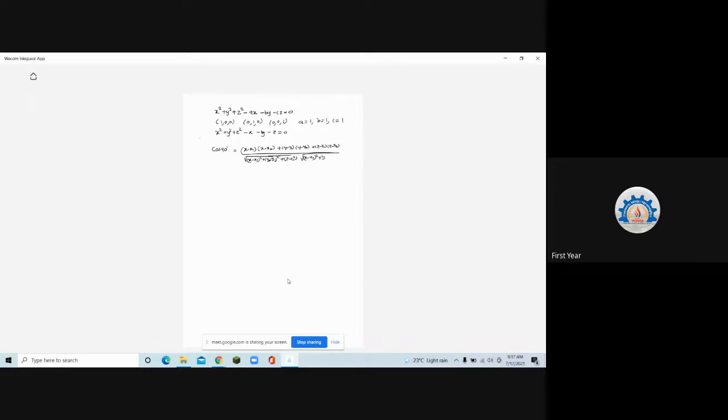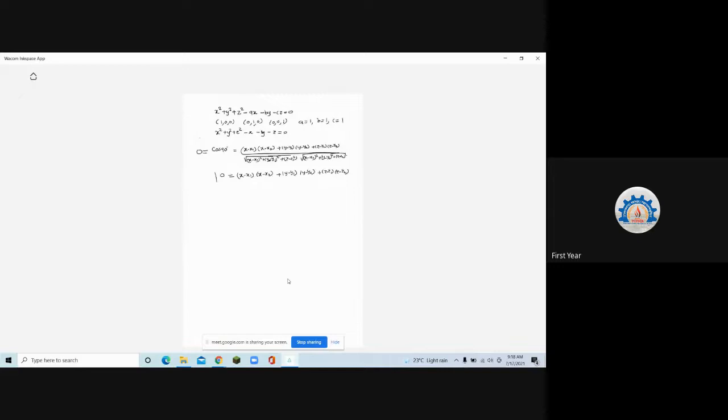But what is cos 90? Cos 90 is 0, isn't it? So I'll get 0 is equal to the numerator only, that is x minus x1 into x minus x2 plus y minus y1 into y minus y2 plus z minus z1 into z minus z2.